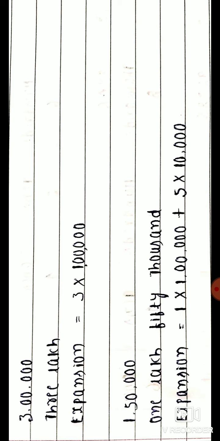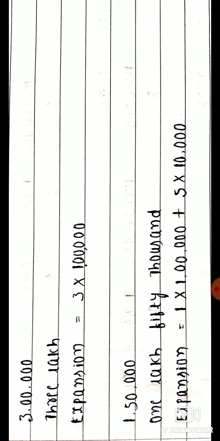Therefore the 5 place is 10,000, that is 5 into 10,000 is equal to 50,000, plus 1 is in the place of lakh, that is ones, tens, 100, 1000, 10,000, lakh. Therefore 1 into lakh is equal to 1 lakh.